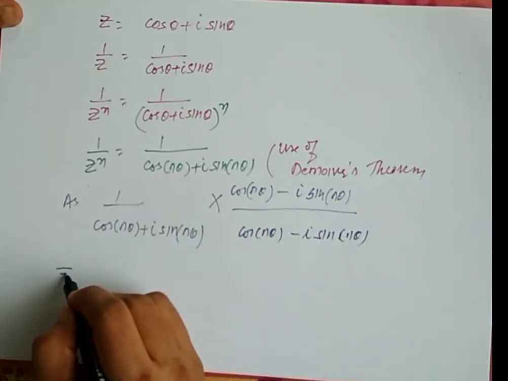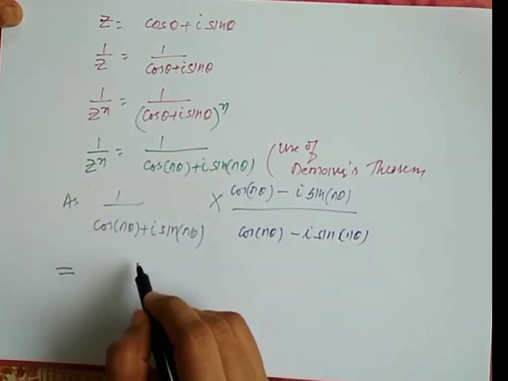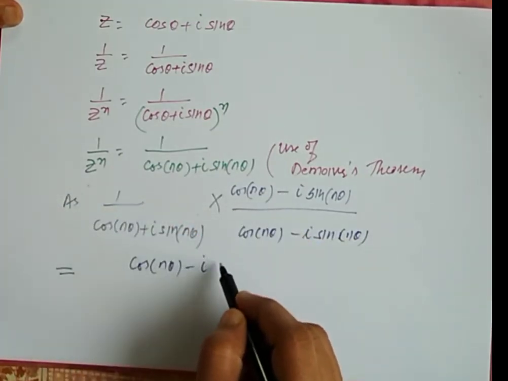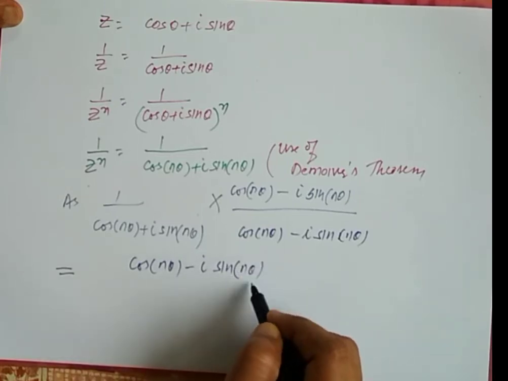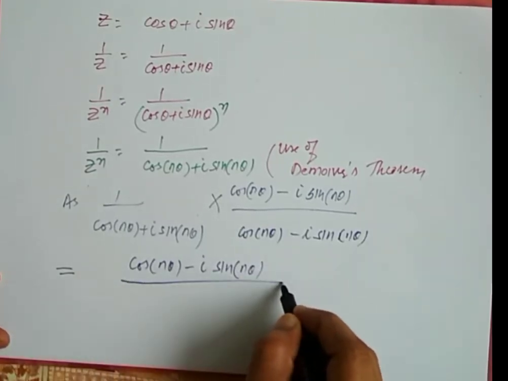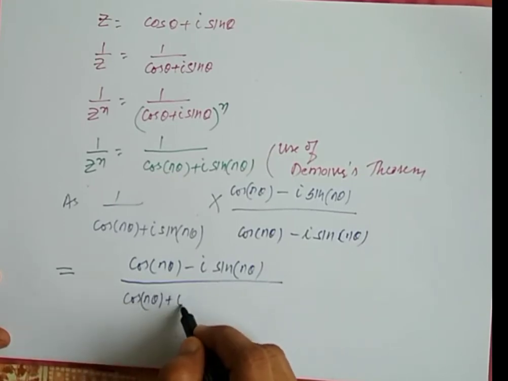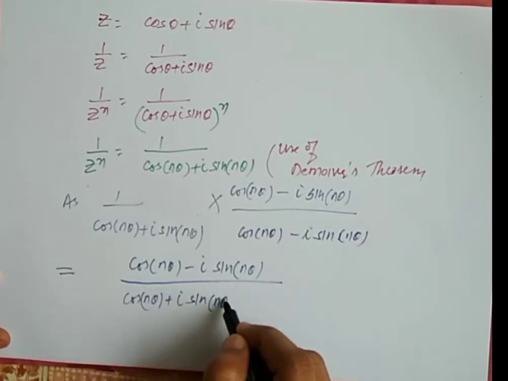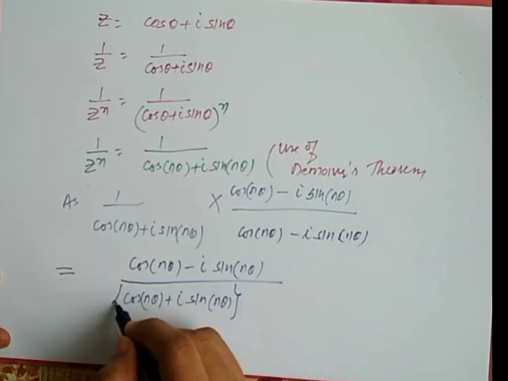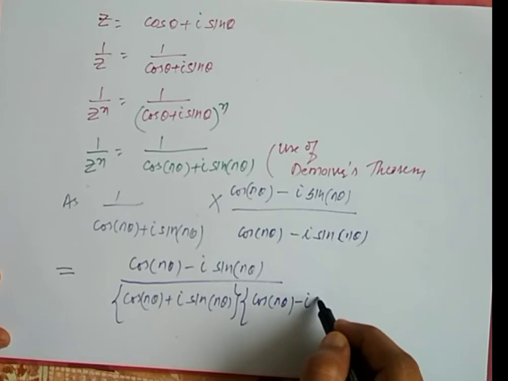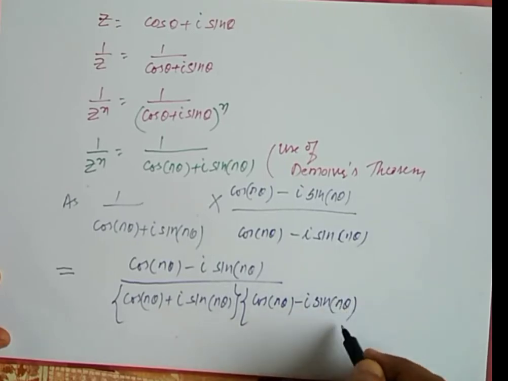So this will be cos of n theta minus i sin n theta upon (cos of n theta plus i sin n theta) in one bracket, times (cos of n theta minus i sin n theta).